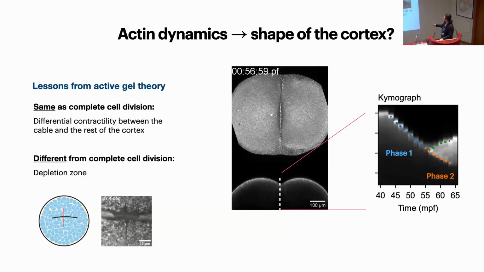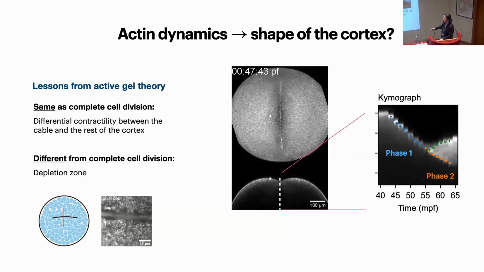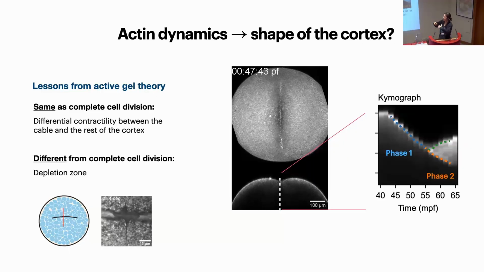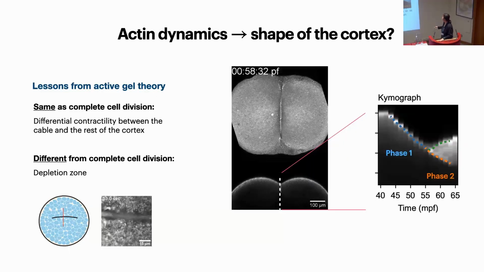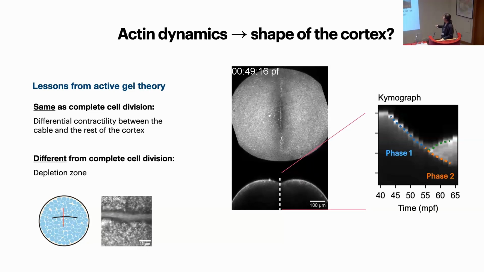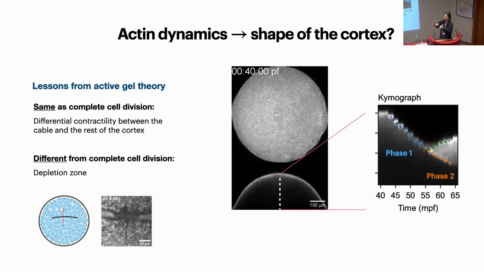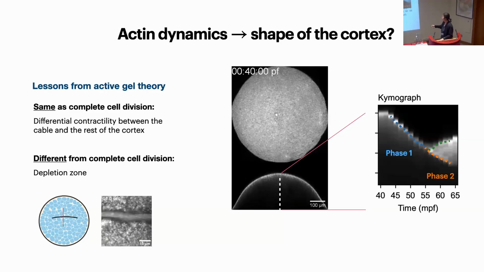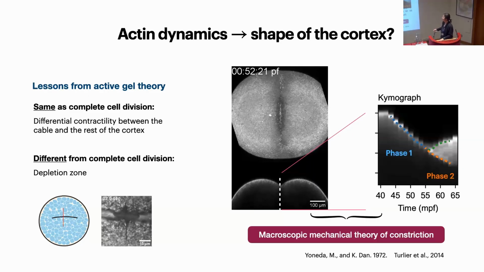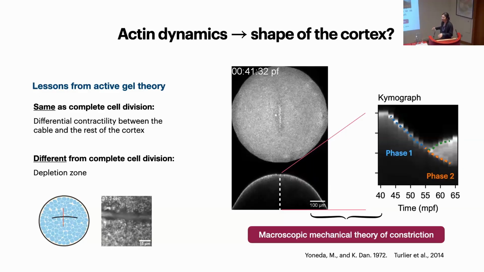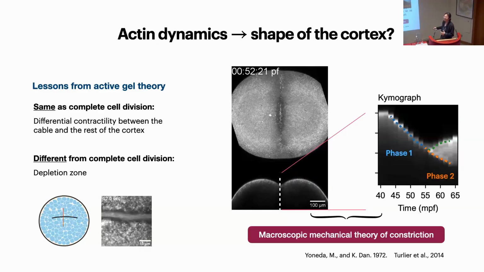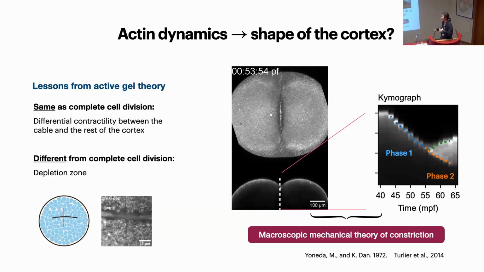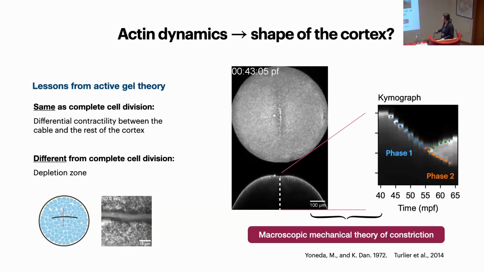So this is in phase 1. This is just looking at the membrane marker along this line. In phase 1, we just see increased indentation. And then in phase 2, we see that by formation of more membrane, it's able to progress through the cell division further. To describe this, we could put active gel theory on a deformable membrane and then look at the very complicated mesoscopic interactions between the membrane and the gel and the shape, etc., which was actually done in this paper.